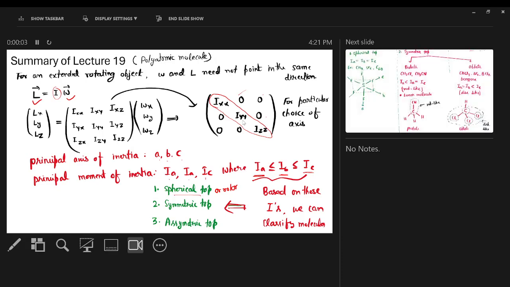So based on these I's, we will classify the molecule into three categories. First is a spherical top, or spherical rotor. Second is symmetric top or symmetric rotor, and third is asymmetric top or asymmetric rotor.